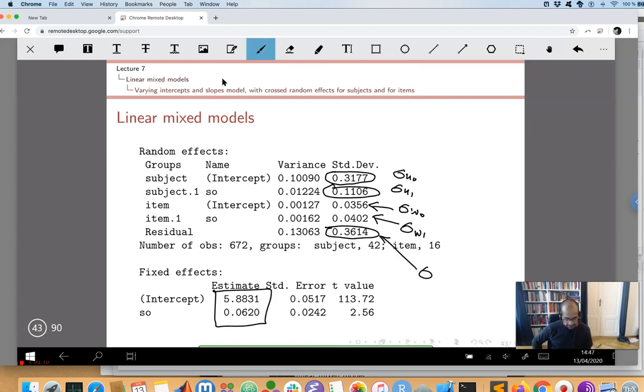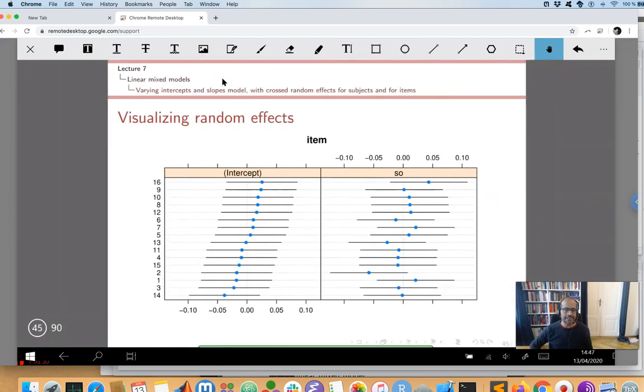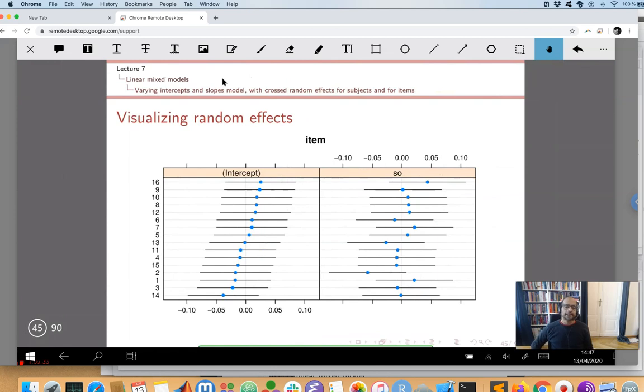So basically what we have now is 5 variance components in this model, and they're a consequence of adding these adjustments to the intercepts and slopes by items. Okay, so now you can again visualize the subject level intercept and slope adjustments as well as the item intercept and slope adjustments, right?